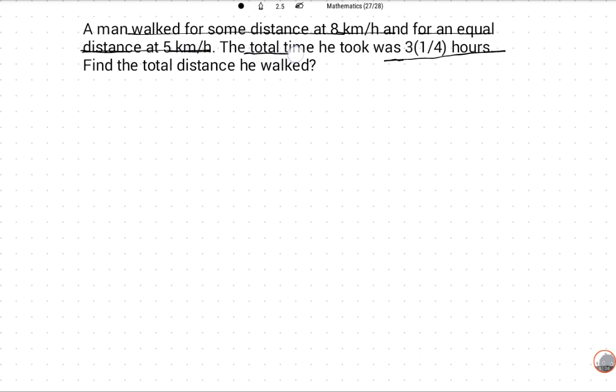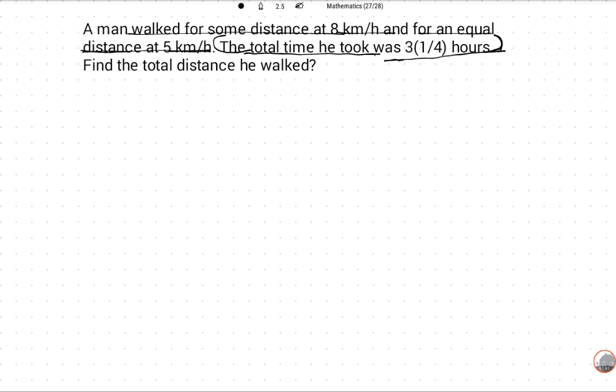And the time is given. So according to me, the total time he took, 3 and 1/4 hours, is the core part of this question. This will help us to merge the given data for finding out the total distance.